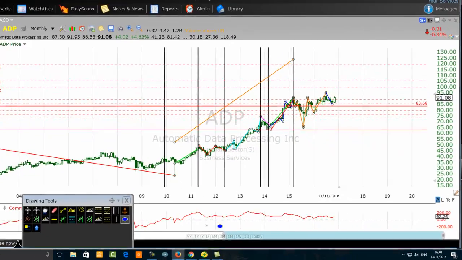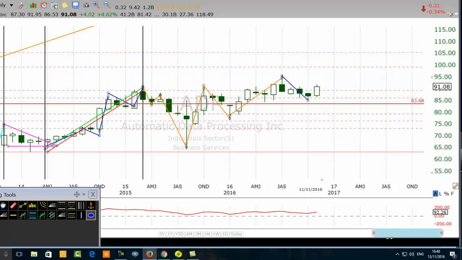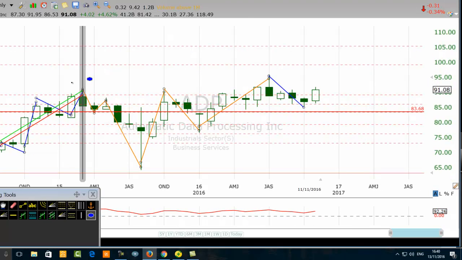Let's zoom into it so everybody can see it. Is it above? Yeah, it went a little bit. You see, it went here. That's the high of the B part of the flat correction. So from here down to this point, that's the B.